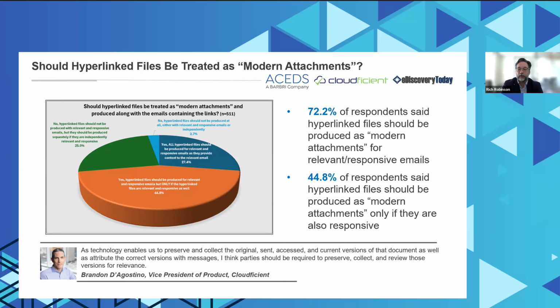Because if I'm searching Doug's email, I'm also probably searching Doug's OneDrive, and I'm going to collect the relevant and responsive stuff that hits the keywords, if that's how I'm running my search, right? I'm going to collect the links that Doug sent as part of that process most of the time.